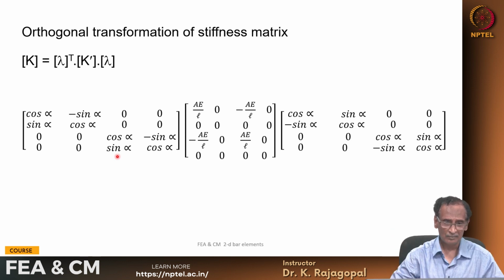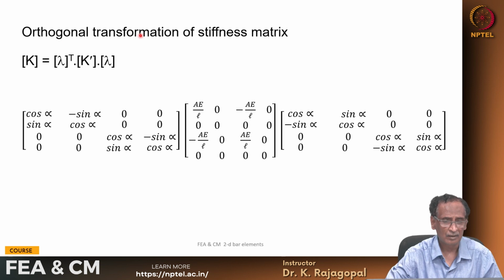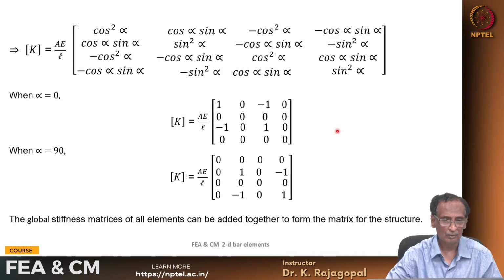So this orthogonal transformation of the stiffness matrix, K is lambda transpose K prime lambda, and our lambda transpose is this, K prime is this, and lambda is this. If you go through the full multiplication, your K is AE by L times cosine square alpha, sine square alpha, and so on.